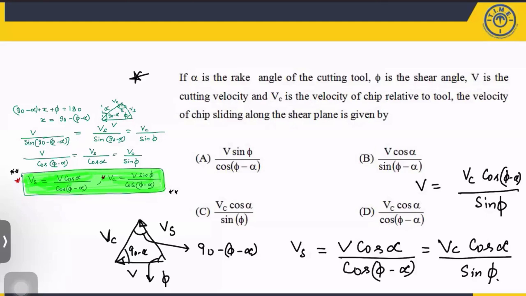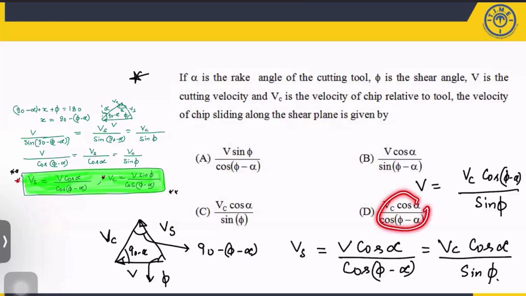Is this clear or not? The same formula I'm using, same concept. Here velocity is nothing but V cos alpha divided by cos of phi minus alpha. But they have changed the option. Here it is the cutting velocity, but they have given chip velocity. So you have to convert in terms of cutting velocity if you want to mention the correct answer.